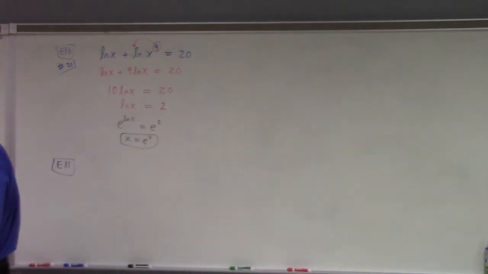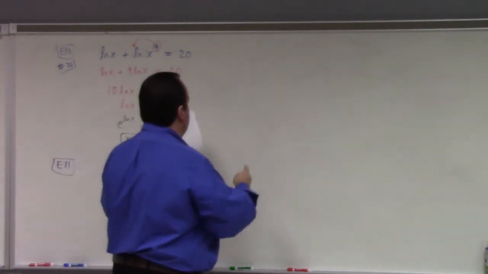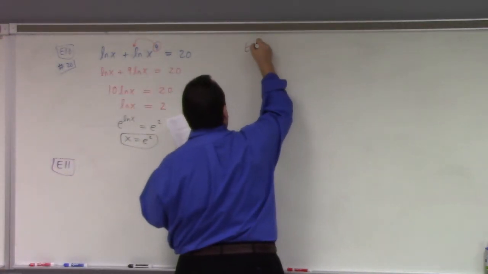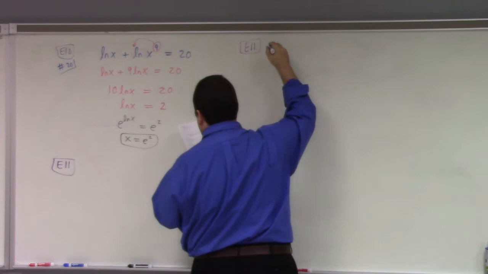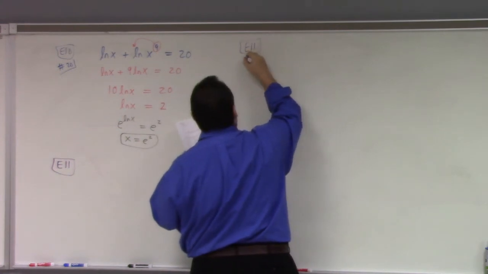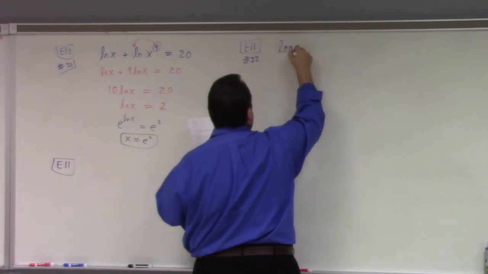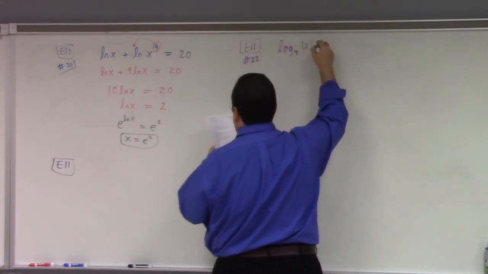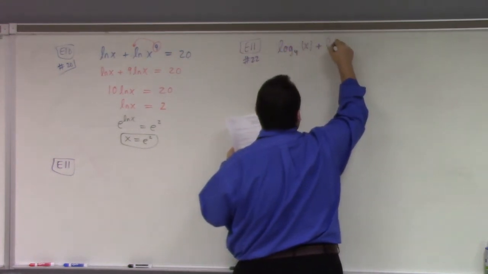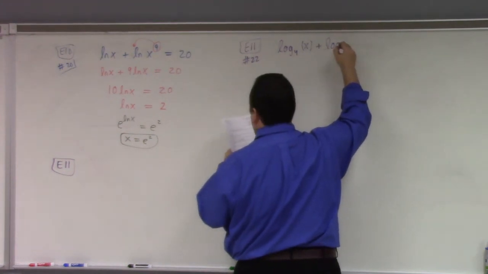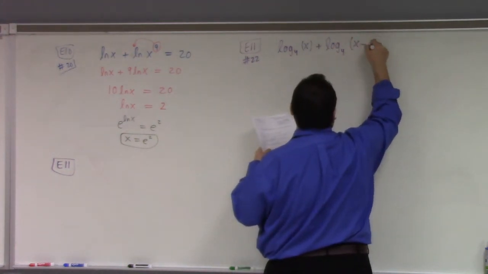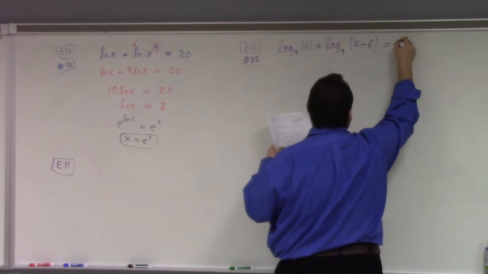I know eventually these get a little bit fussier, but we haven't quite hit the fussy ones yet. They'll sneak up on us, I'm sure. But here's like number 22. We're facing log base 4 of x plus log base 4 of x minus 6 equals 2.